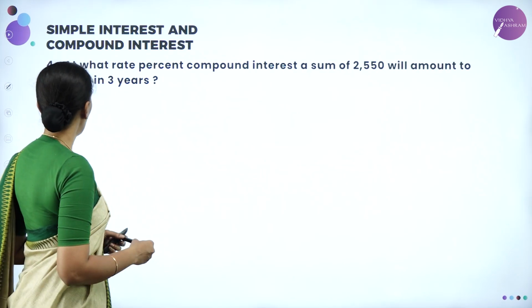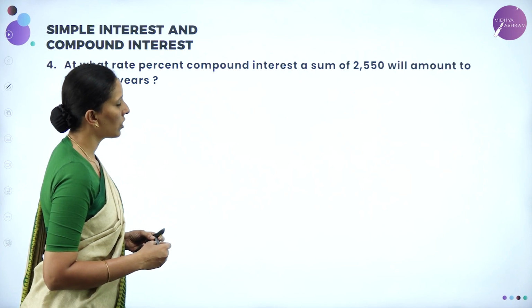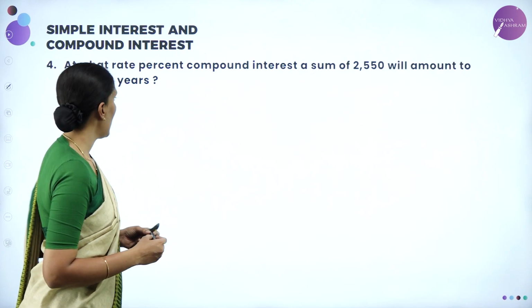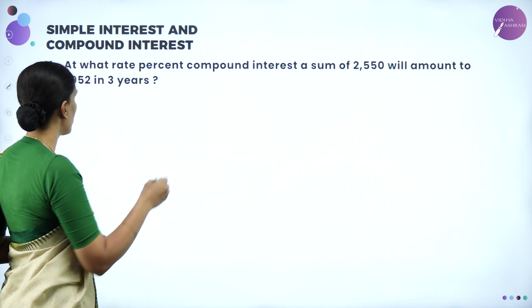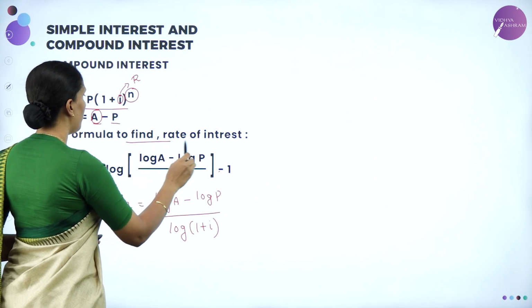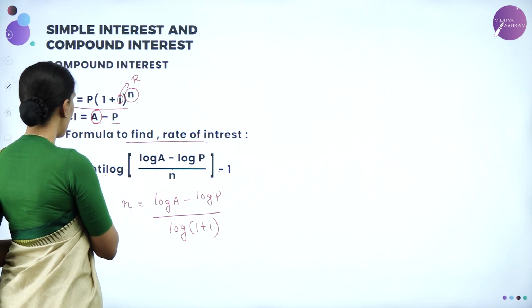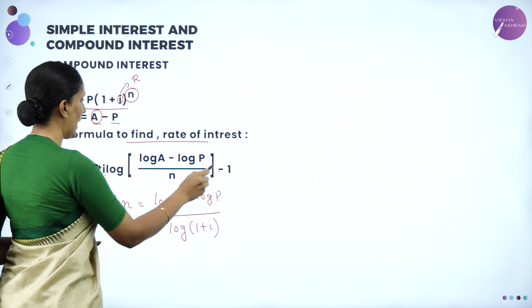Next question. At what rate percent compound interest a sum of 2,550 will amount to 2,952 in 3 years? So we are calculating the rate of interest. So we have learned the formula for rate of interest, that is I is equal to anti-log of log A minus log P divided by n, minus 1.